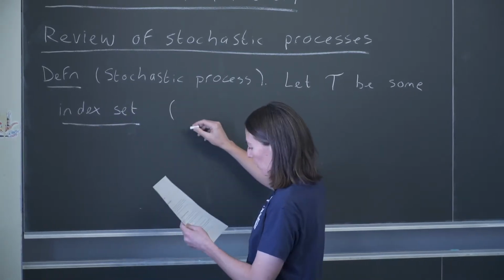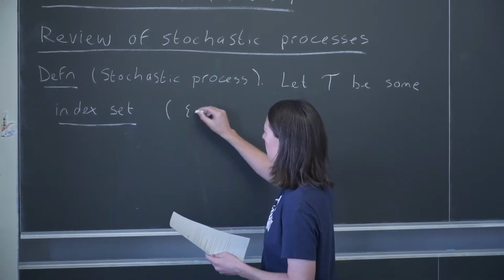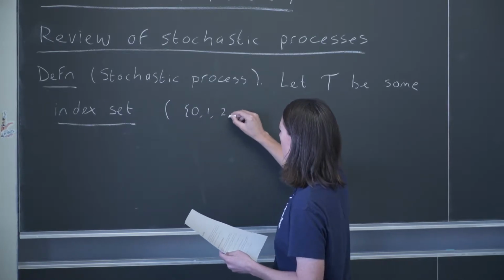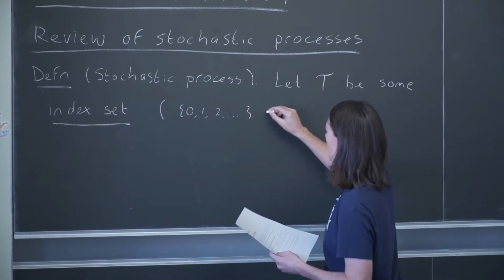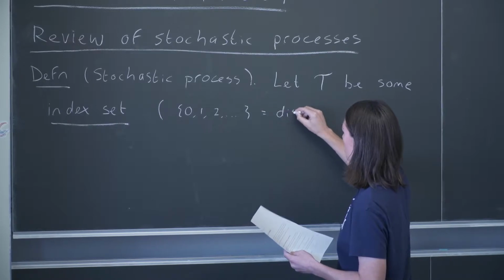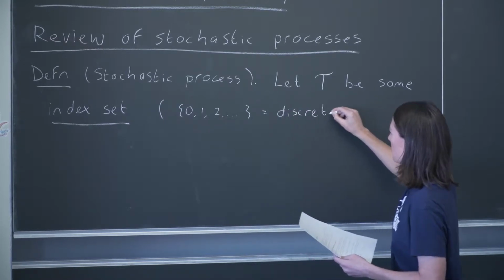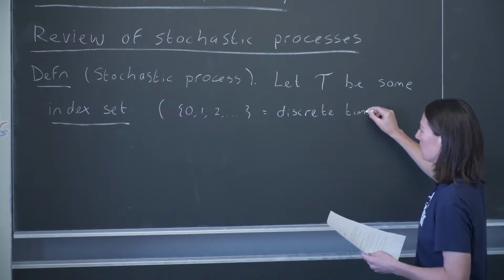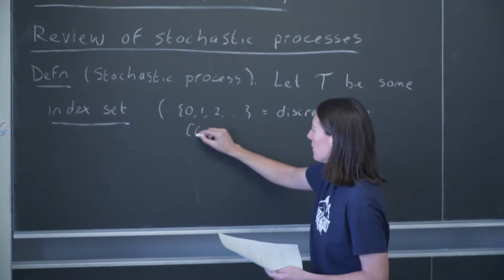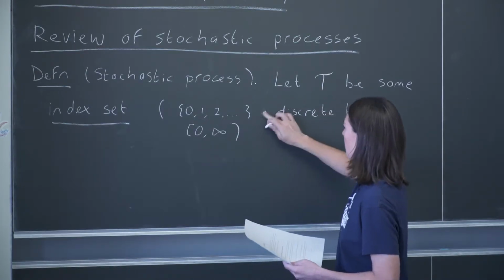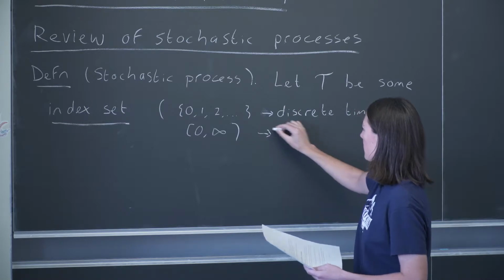So what we want to be thinking of is 0, 1, 2, and so on as discrete time, or 0 up to infinity for continuous time.